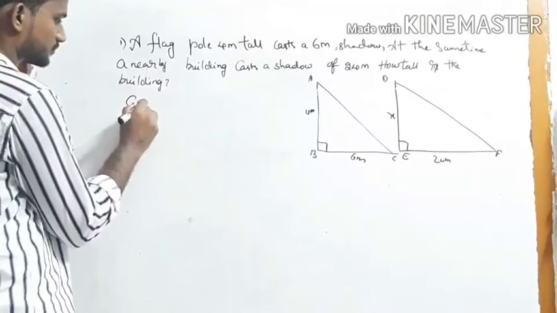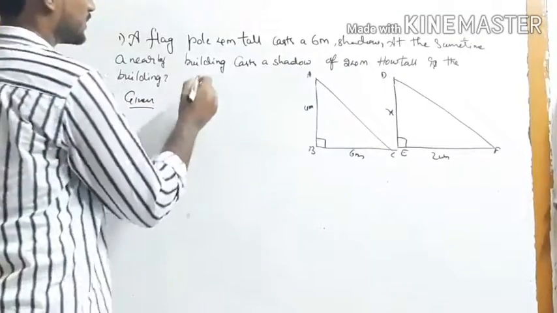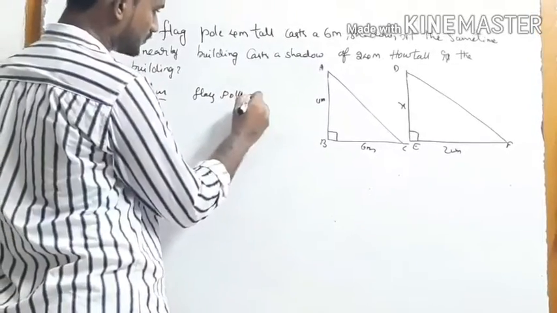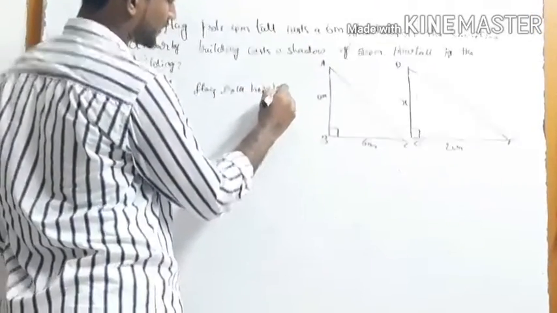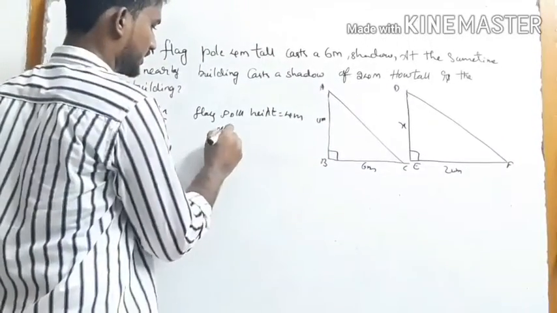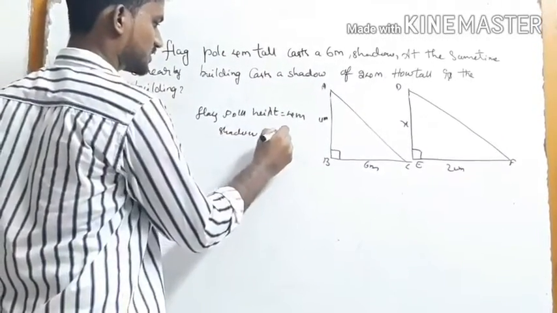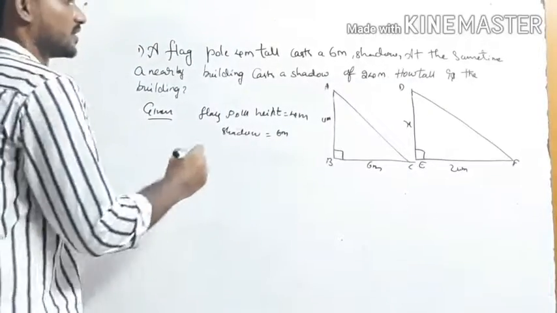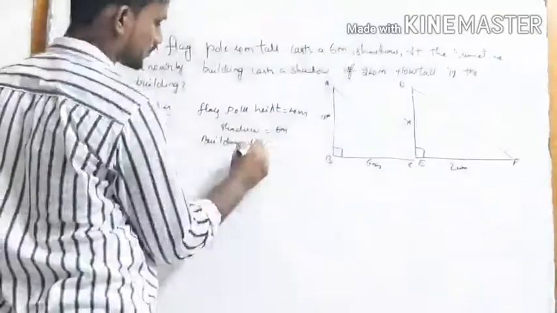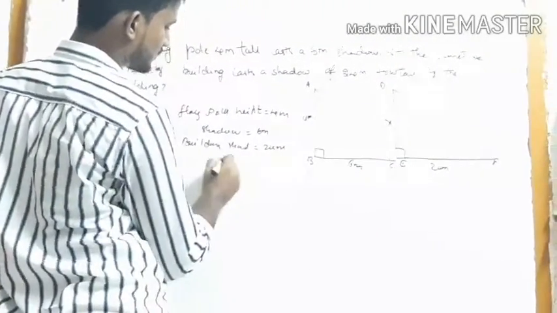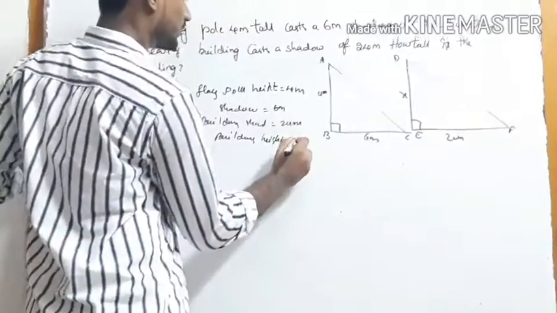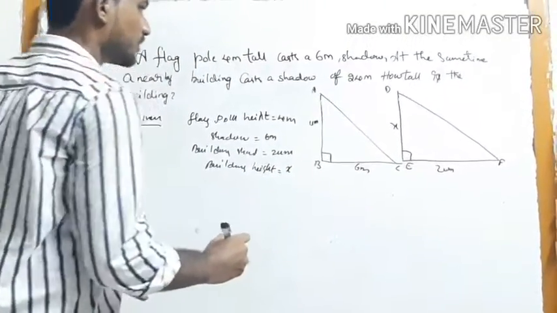Given: flagpole height equals 4 meters, shadow equals 6 meters, building shadow equals 24 meters, and the building height we want to find is x.